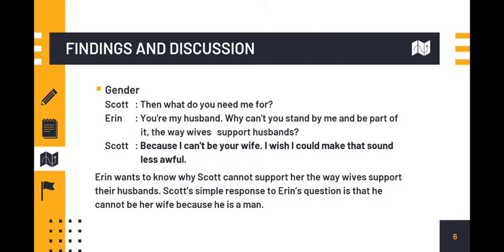The first stereotype is gender. From the dialogue there, we can see that it's a dialogue between Scott and Erin. In the movie, Scott and Erin are a married couple, in which Scott is the husband and Erin is the wife.